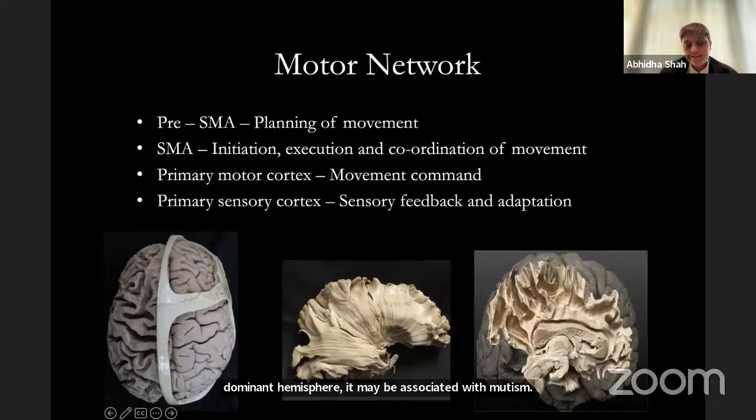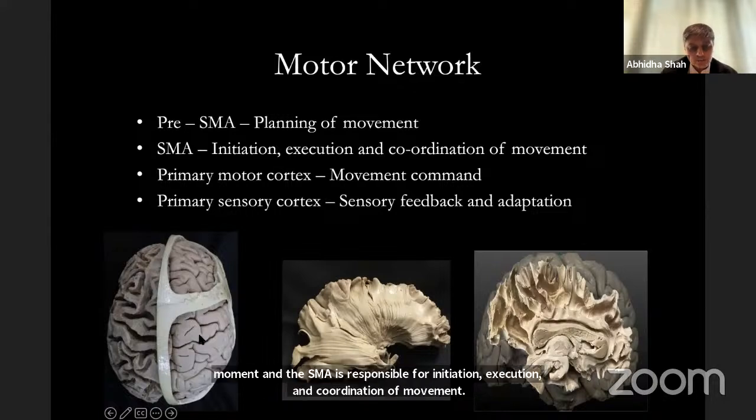So to understand the SMA syndrome, you have to understand this motor network. Along with the primary motor cortex, which gives the movement command, and the primary sensory cortex, which is responsible for sensory feedback and adaptation, the pre-SMA is actually responsible for planning of movement, and the SMA is responsible for initiation, execution, and coordination of movement.